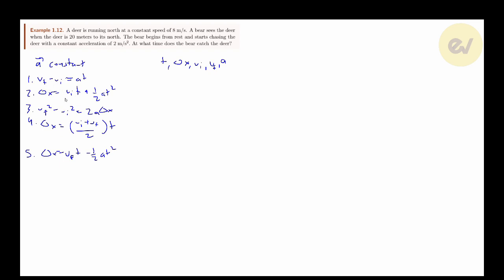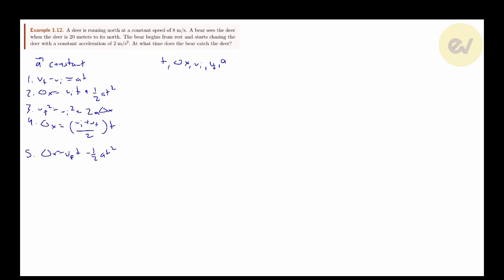The second equation states that the displacement of an object is equal to initial velocity times time plus 1/2 times the acceleration times the time squared, so 1/2 at squared. This can be derived through a little bit of calculus, but you can just take that as is for now.